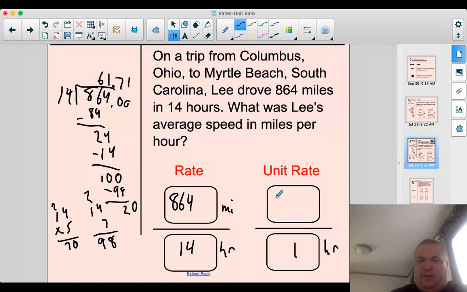So if I round out to 1 decimal point, I just get 61.7, and that's probably good enough. Okay, so the unit rate here is about 61.7 miles per hour. Again, I want to say about because it's not exact, but that's okay. About 61.7 miles per hour is plenty.